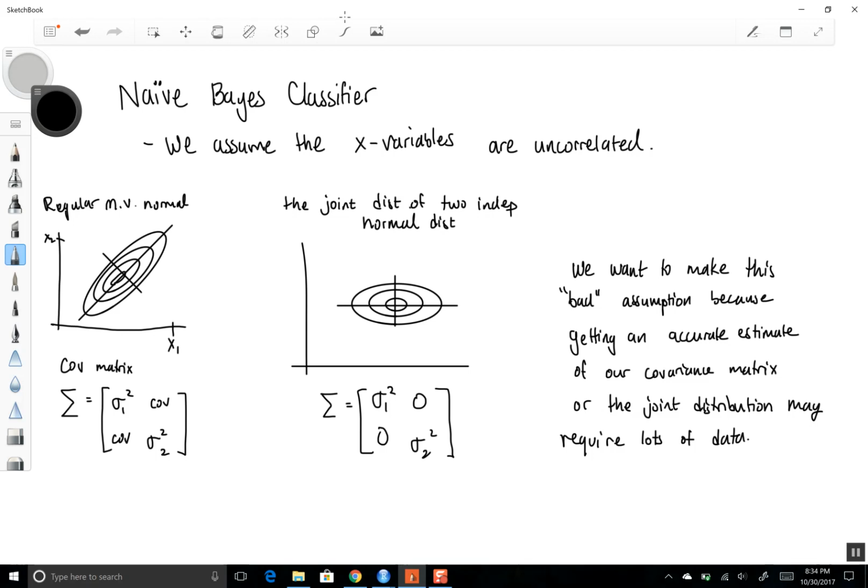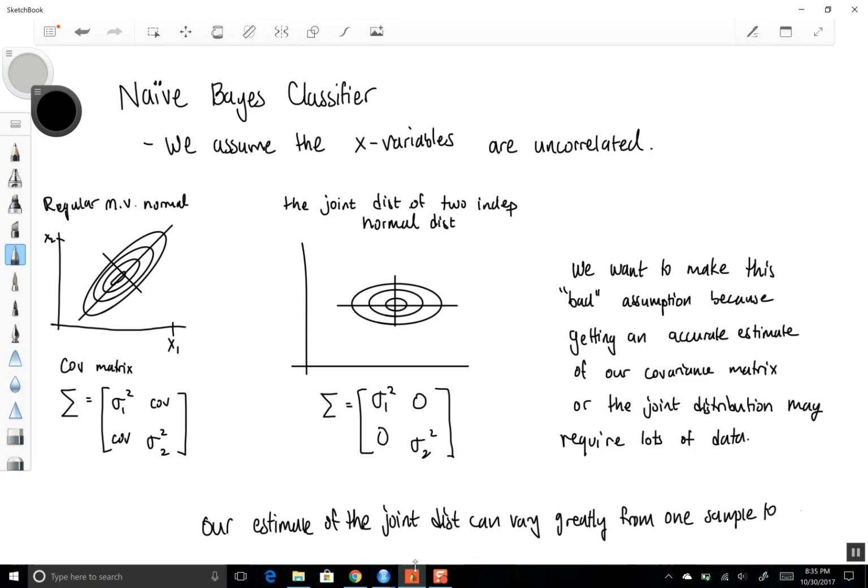So our estimates can vary greatly from one sample to another.